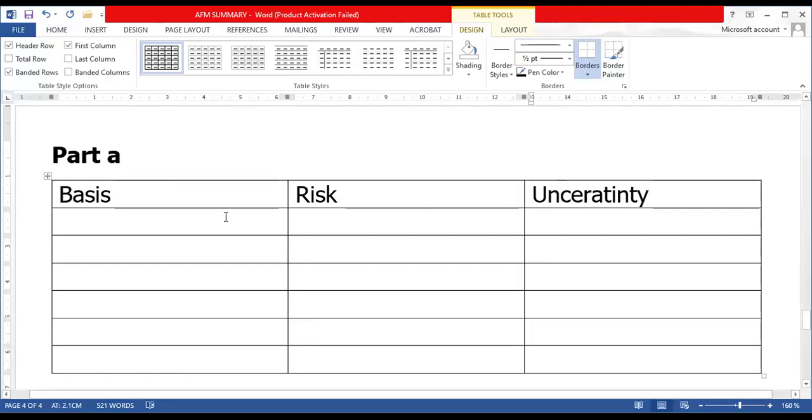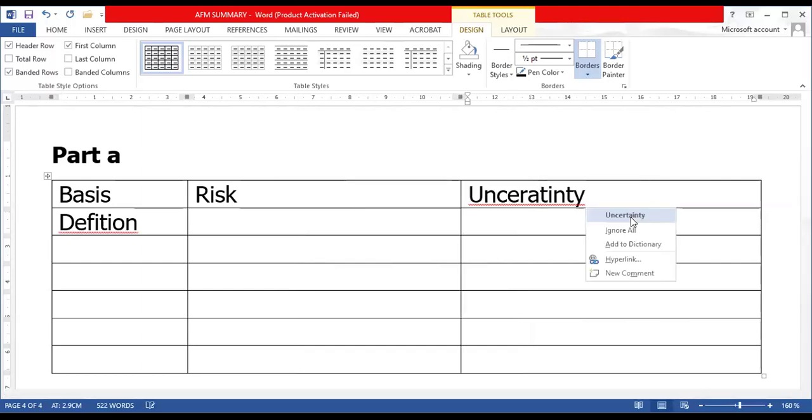So when you're looking at a definition, for example, what is risk? What is uncertainty? The meaning of these two, as your first point.